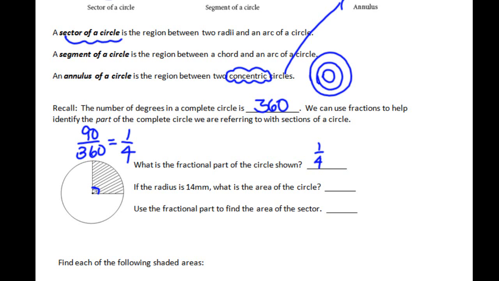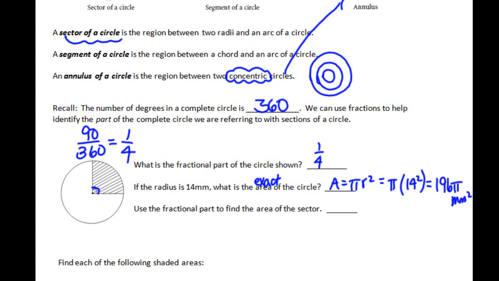So if the radius is 14, what is the area of the circle? Let's do it in terms of pi, the exact area. The exact area of the circle is going to be pi r squared. That's pi times 14 squared, and if you know your perfect squares, that is 196 pi millimeters squared. That's the area of the whole circle.